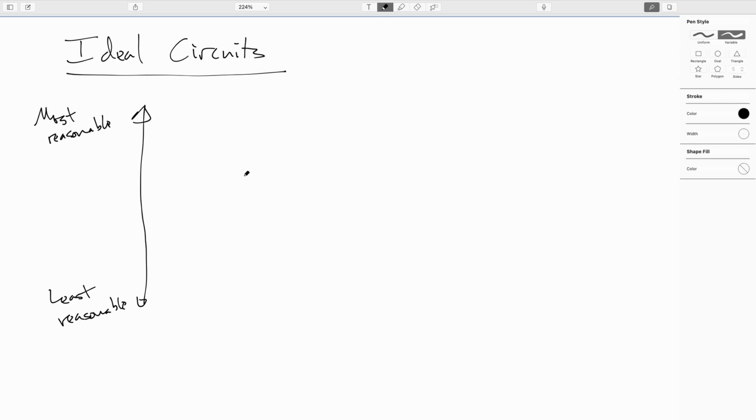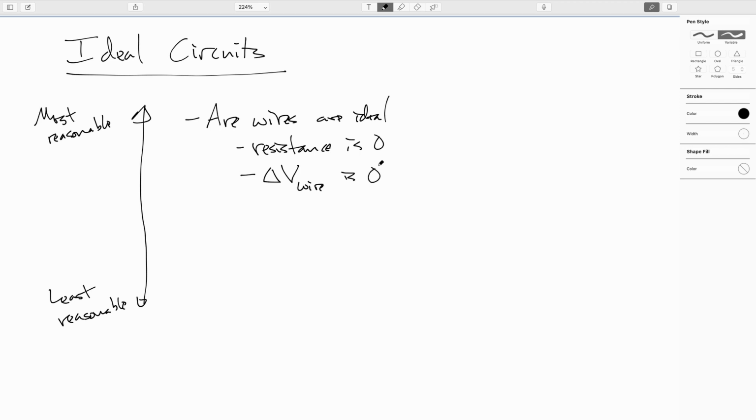So the most reasonable assumption is that all wires are ideal. So this means that we will say that the resistance of the wire is 0. And by twinkle, twinkle, little star, delta V equals I times R, this means that the voltage drop across any wire is 0.